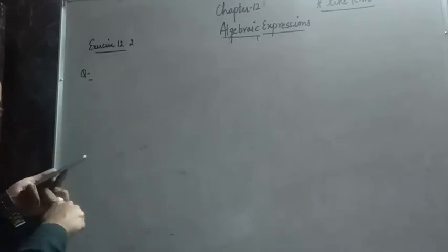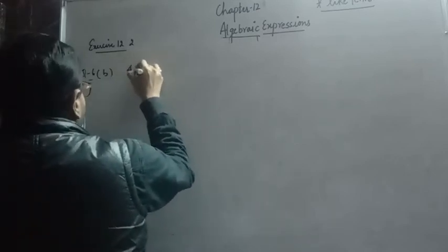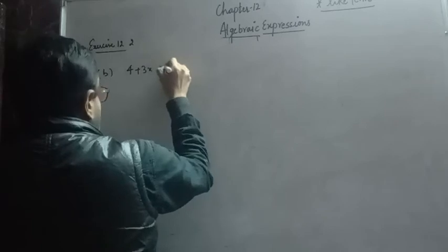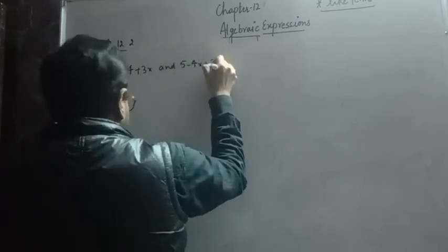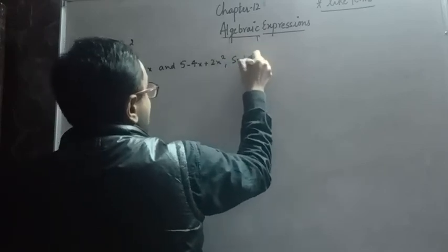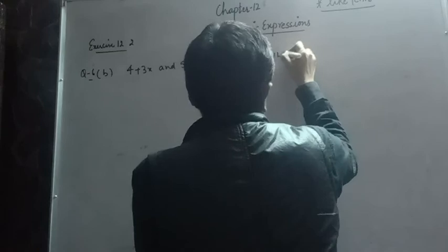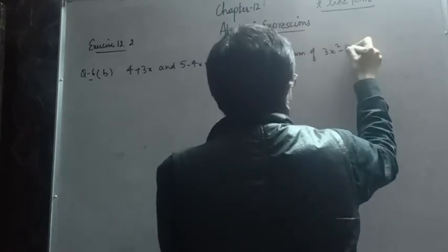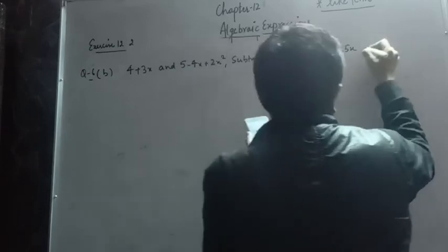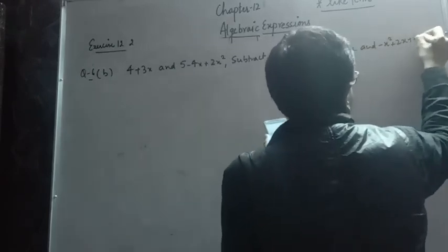From the sum of 4 plus 3x and 5 minus 4x plus 2x square, subtract the sum of 3x square minus 5x and minus x square plus 2x plus 5.